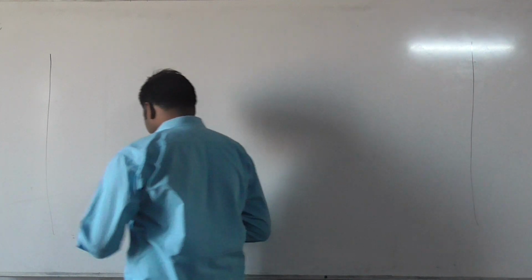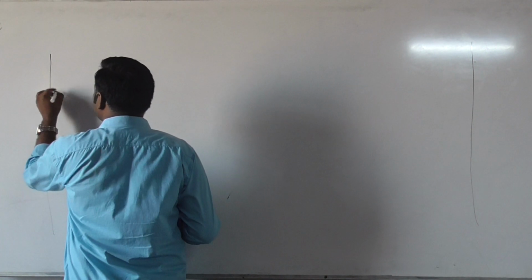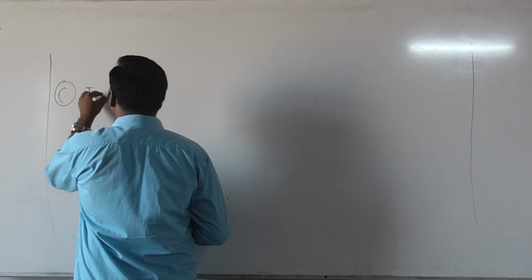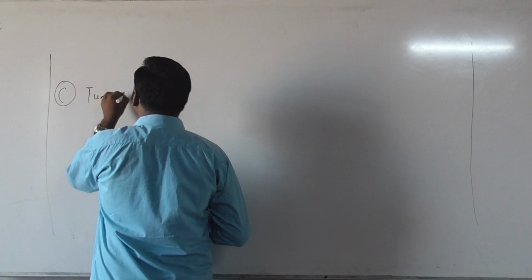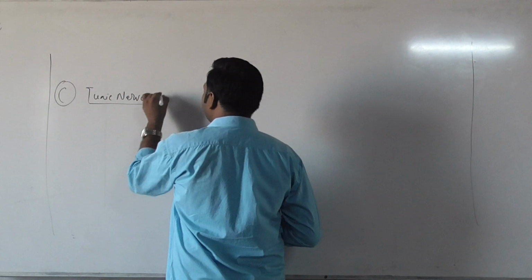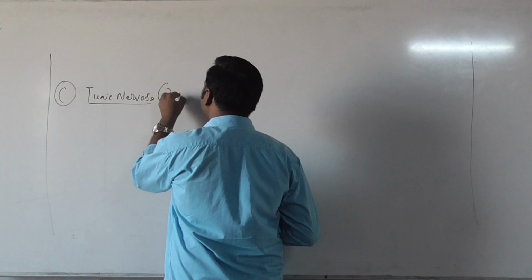Right? So here, the third one, that is C, the tunica nervosa, which is also referred to as the retina.